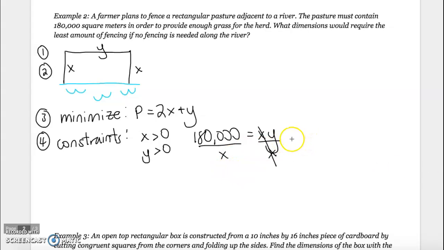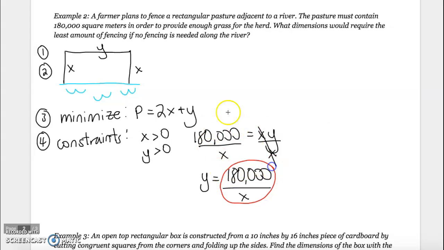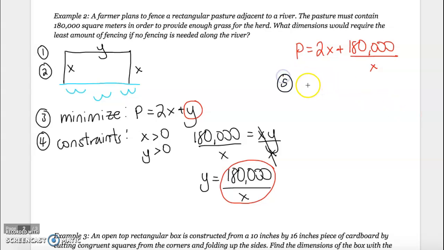So then I end up with the equation y equals 180,000 over x, which means I'm going to take this and plug it in here so that I can rewrite the equation I'm trying to minimize with one variable. So P will now equal 2x plus 180,000 over x.